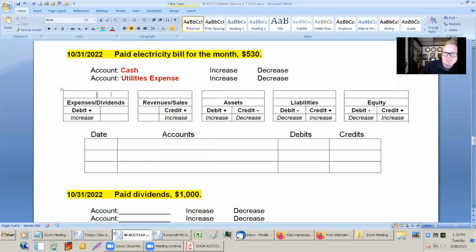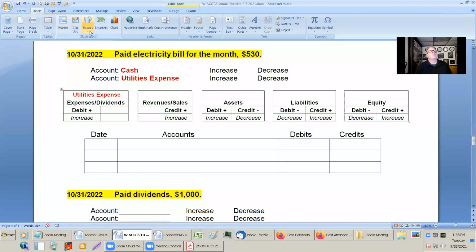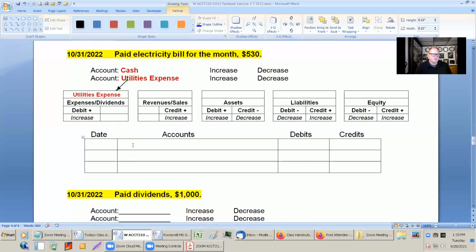Whenever you see utilities expenses, they're debits. They're always going up. One month's worth of utility, two months' worth of utilities is more than one month, and so on. So once you see an expense for an account, you know what the journal entry is.